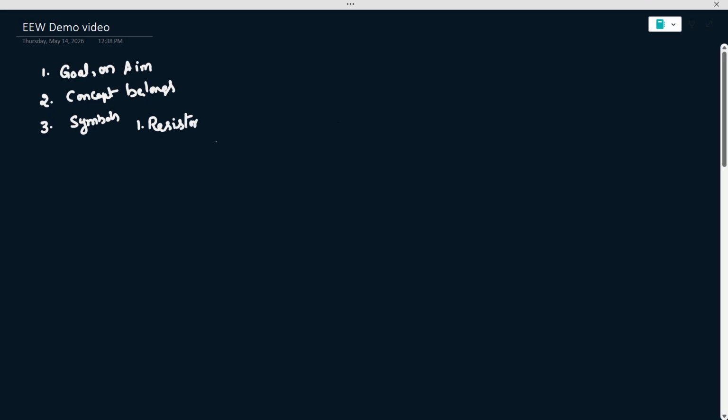The first one is the resistor. So the resistor symbol seems like this. The second one is the rheostat. If you compare resistor and rheostat, more or less they are in a similar fashion.